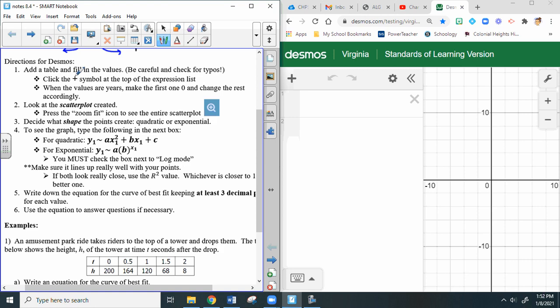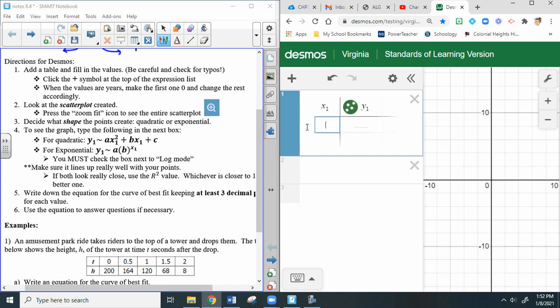You click the plus symbol at the top of the expression list, and then you choose table. There's a table. Now, this next thing is just a cautionary note. When you're given values in years, you're going to have to make the first one 0 and then change the rest accordingly. We'll talk about that when we get to an example.